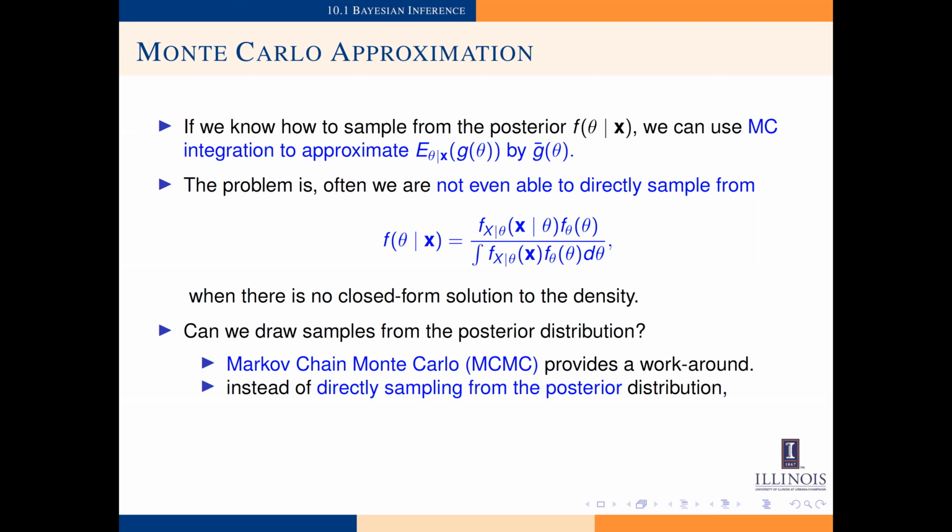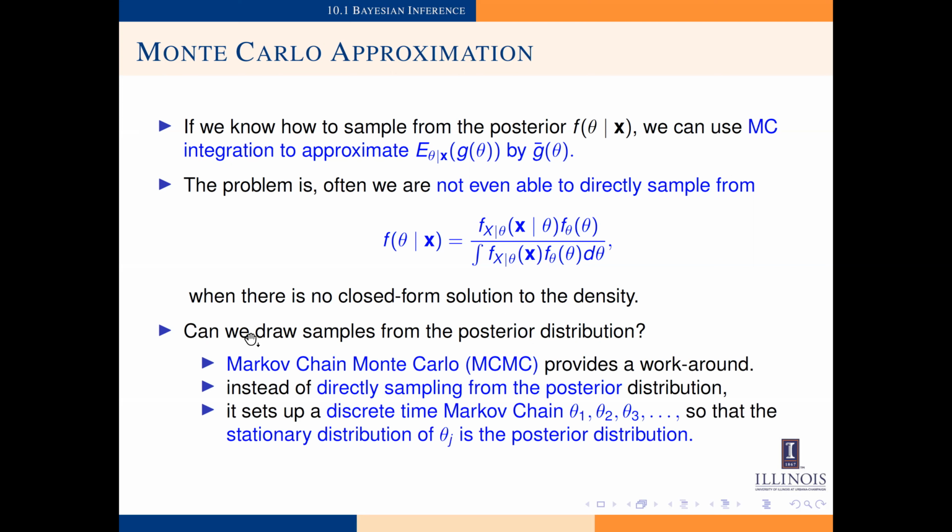Markov chain Monte Carlo methods provide a workaround to the problem of sampling from the posterior distribution. Instead of directly sampling the thetas from the posterior distribution, what we can do is set up a discrete time Markov chain, theta 1, theta 2, theta 3, etc., where the 1 to 3 indicate time points, so that the stationary distribution of this Markov chain, the theta j's, is going to be the posterior distribution.